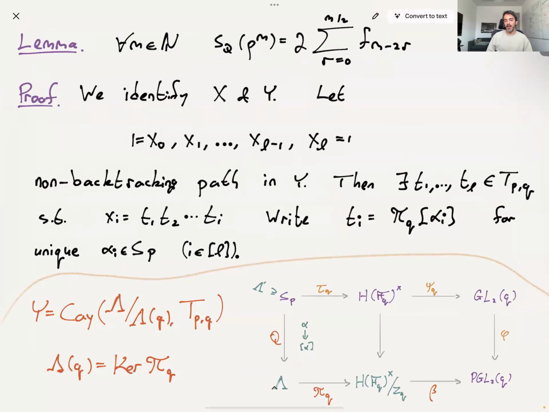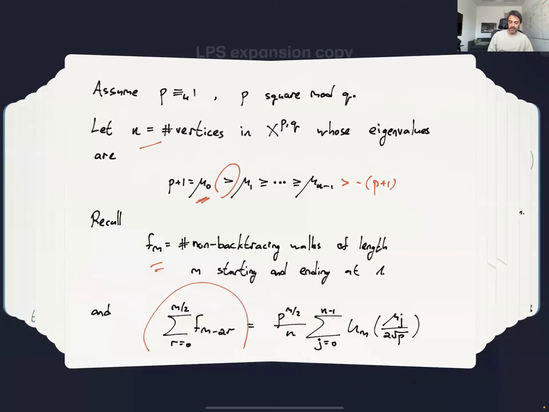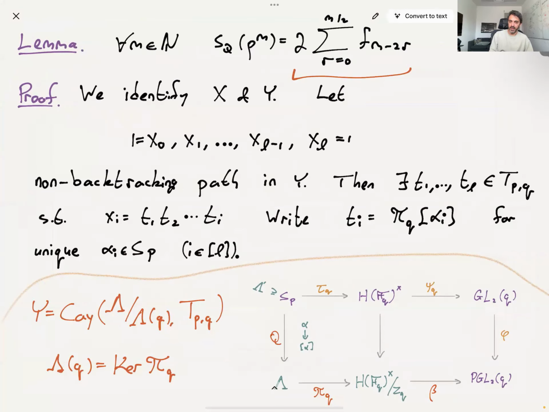And the reason we care about this SQ is that it turns out that the left-hand side, let me go back. So this was the left-hand side. So it appears here, well, with this factor of 2, but this left-hand side is precisely SQ of P to the M over 2.